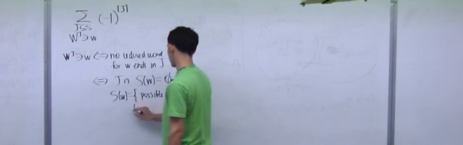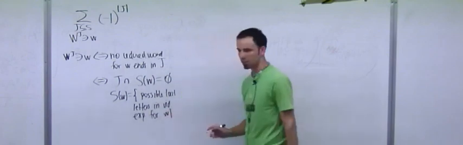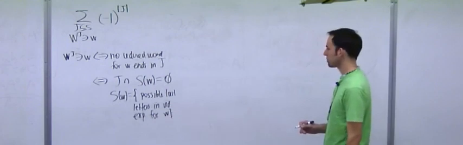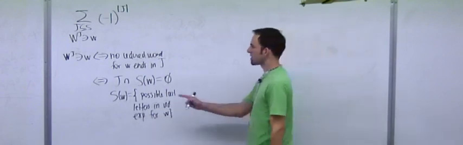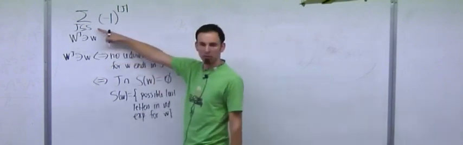where S of W is the set of possible last letters in a reduced expression for W. Okay? So which J's am I summing up over here?